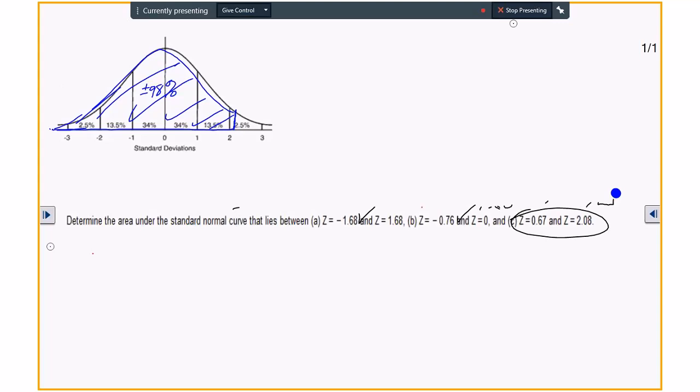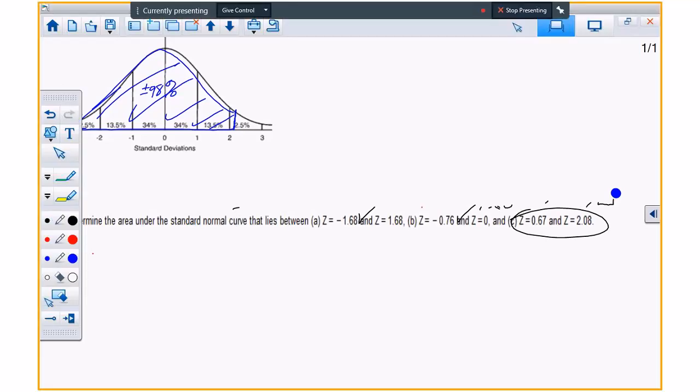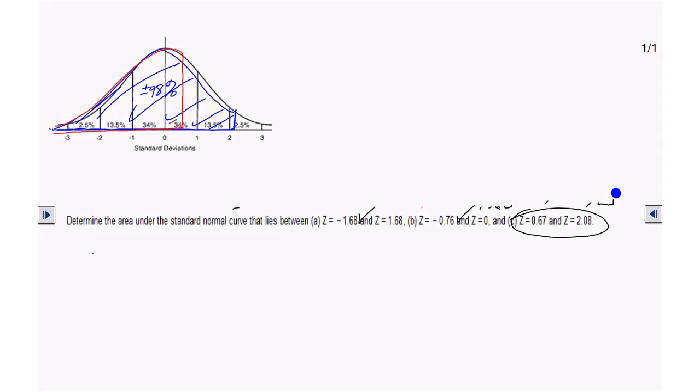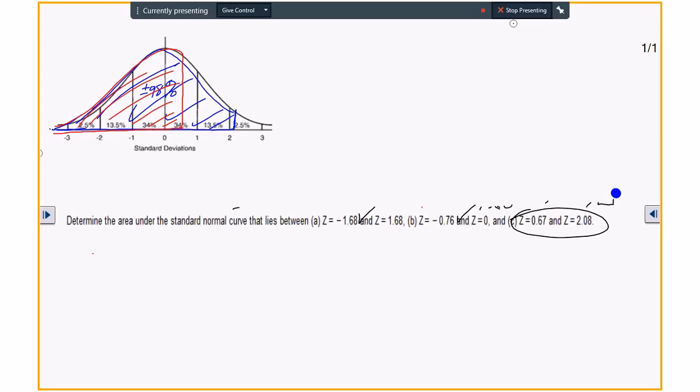And then 0.67 is our red. 0.67 would be right in there. Now, 0.67 is at 50%. And then 0.6 is about halfway. So 17 plus 50 is what? 67%.